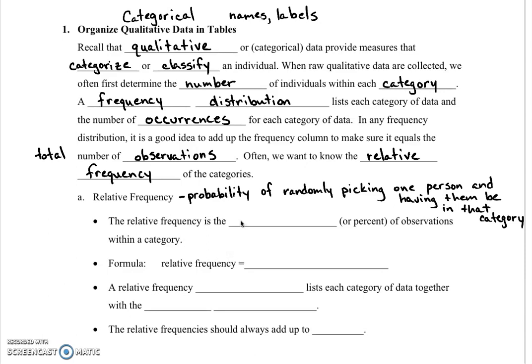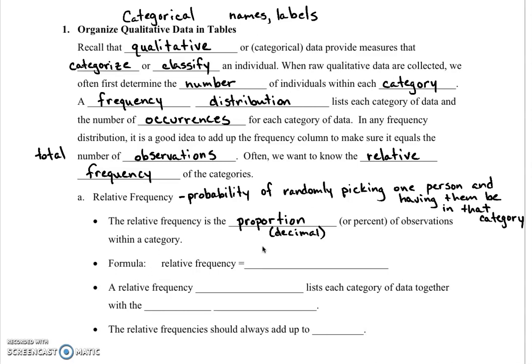So the relative frequency is the proportion, which is a decimal, or we can change it into a percent of observations within a category.